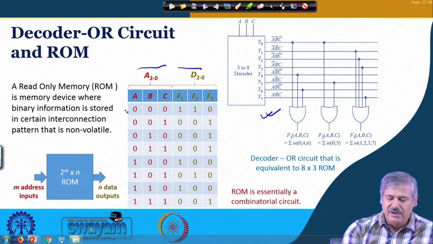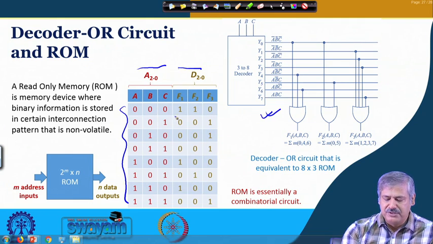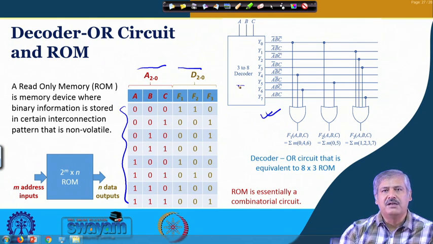This is the decoder output: 000, 001, 010. So, there will be a 3 to 8 decoder, as we have seen in a memory block. After that, for the information that you want to store, forget about these functions F1, F2, F3.